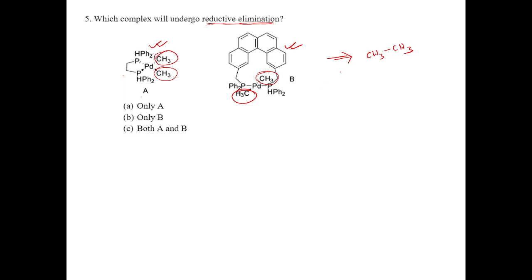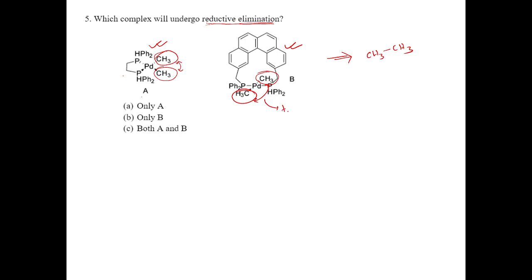Okay, so this is the possible way to do the reductive elimination from these two compounds. Now the question is which one can do the reductive elimination. So you can see in this case these two are cis to each other, but in this case it is actually trans to each other, right?